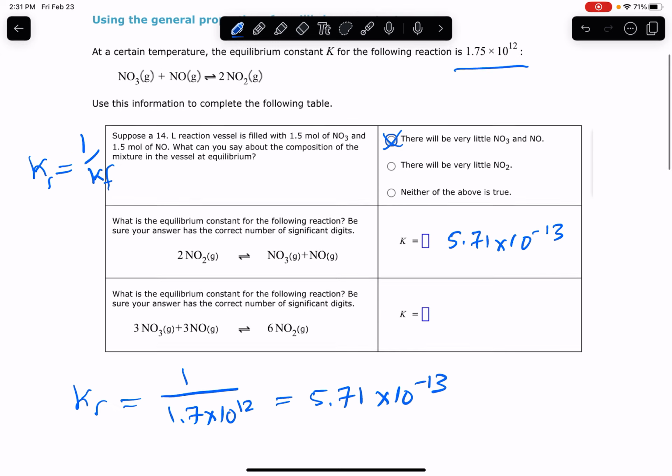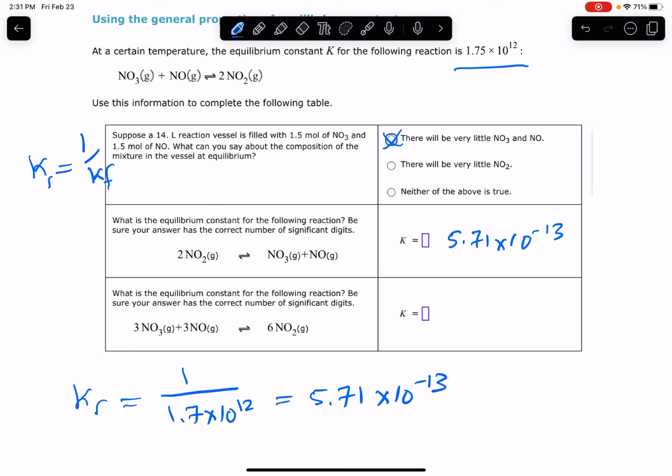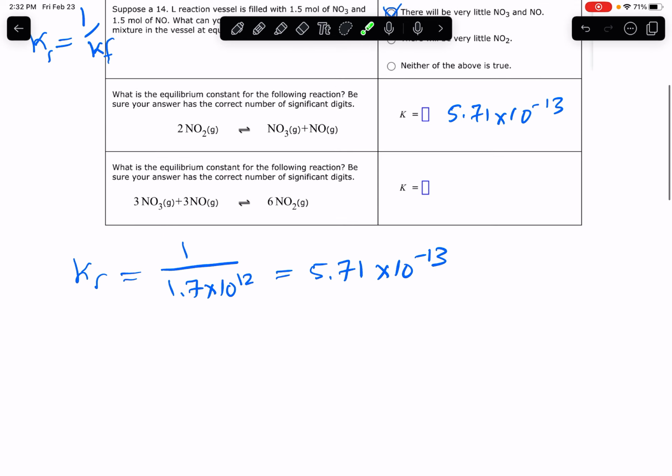Now this one is very similar, except in this case, we're taking the original reaction and we're multiplying it by 3. Now, what do we do when we take an exponent and we raise something by a coefficient? I'm going to say that sentence again. If we have a K value and we multiply the equation by some number, in this case the number we're multiplying by is 3, we raise the new K to that power.